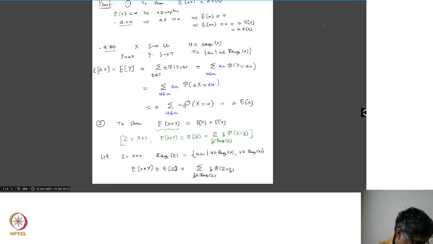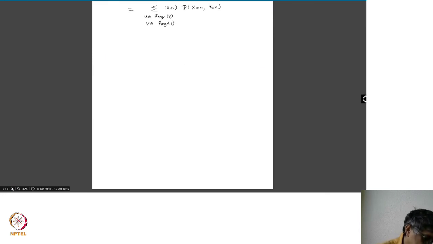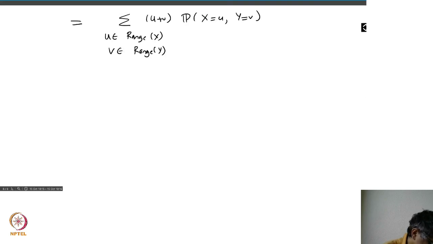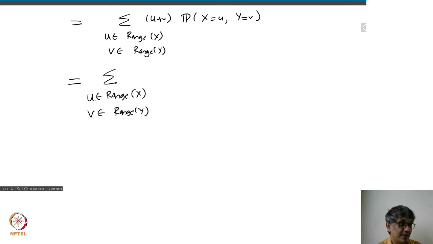Let me go to the next page. So this is the same now as the sum over u in the range of x, v in the range of y. I can split the two sums up in the following way. Since everything is finite, I can rearrange any way I want.